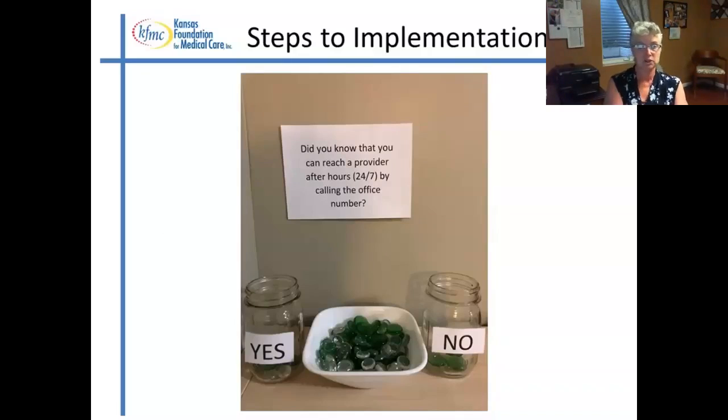Simply post a question of what you want to know. So in this case, the question is, did you know that you can reach a provider after hours by calling the office number? Now put out a fishbowl or other receptacle for each answer and label each fishbowl. I didn't have fishbowls, so I used mason jars. And then you provide some kind of a vote token.